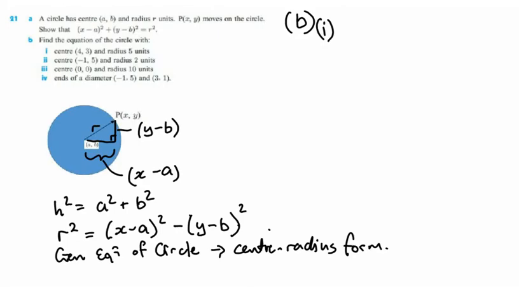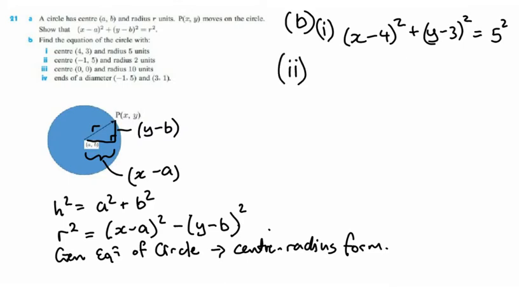If I've got a centre (4, 3) and a radius 5, the equation of my circle is going to be (x minus 4) squared plus (y minus 3) all squared equals 5 squared. You can make that 25 if you like, that's quite alright. Either way it works. Next one, centre (negative 1, 5), radius 2.